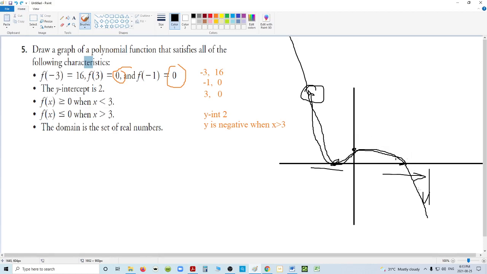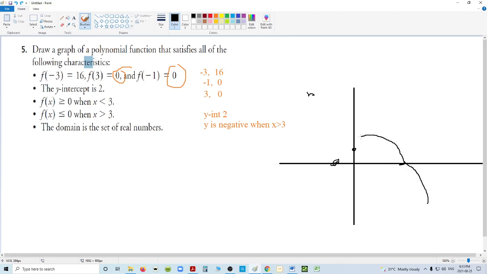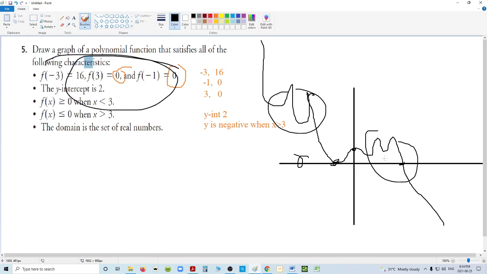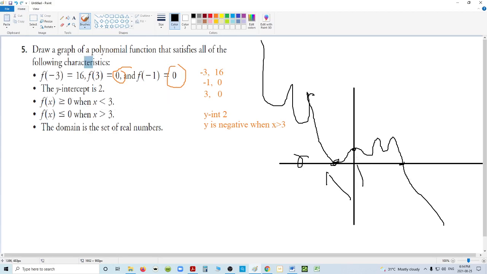You could meet all the criteria, but from this point here, you could have a couple of wiggles. And even on this part, you could have a couple more wiggles, so long as it doesn't cross the x-axis. So there's always a few more turning points that could exist that we're not told about. The only thing we're sure of are these 4 points.